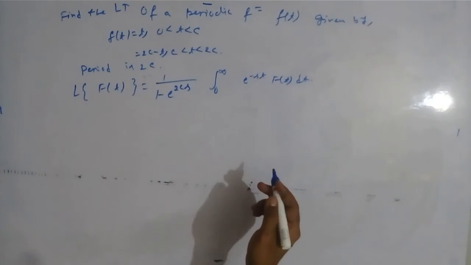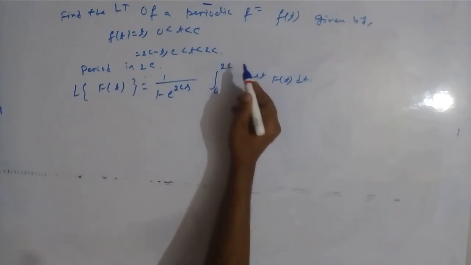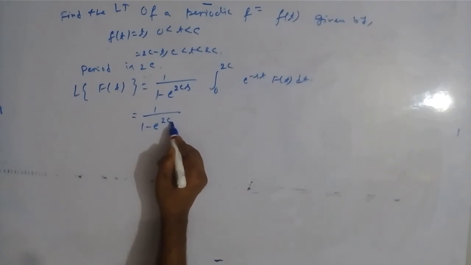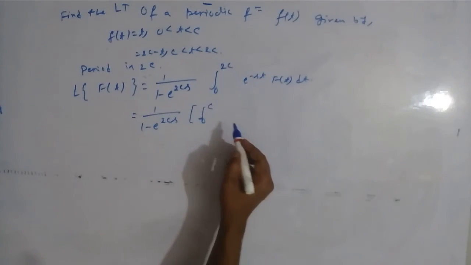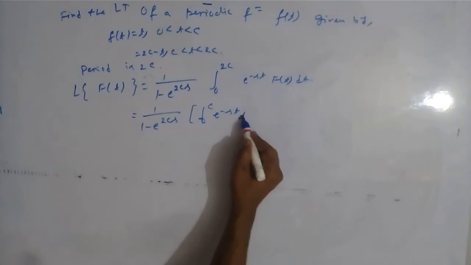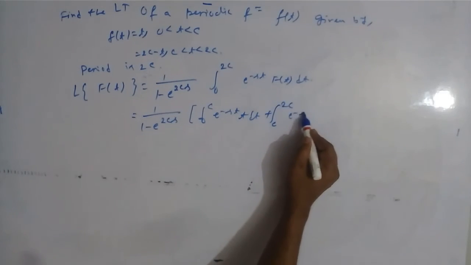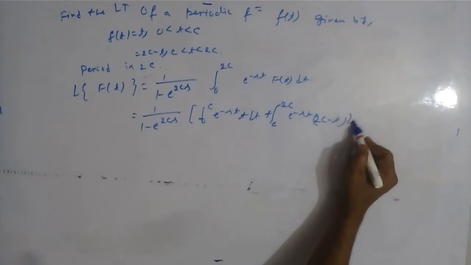It can be written as the integral from 0 to c, where the function is t, of e to the power minus st into t dt, plus the integral from c to 2c of e to the power minus st into (2c minus t) dt.